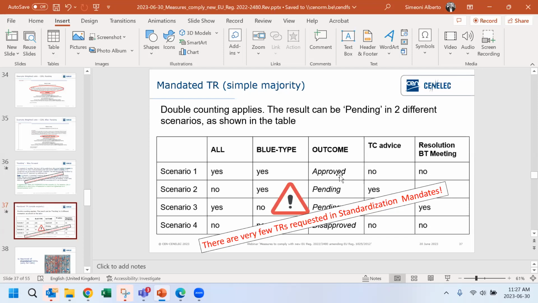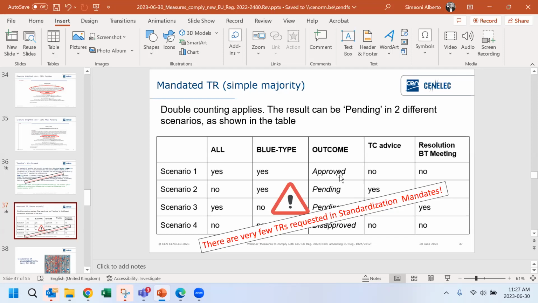Same goes when an EN is sent for inquiry, to which a vote is associated. Inquiry lasts 12 weeks, so it's almost 3 months. I know it will not be easy, so try to stick to the 2 weeks.